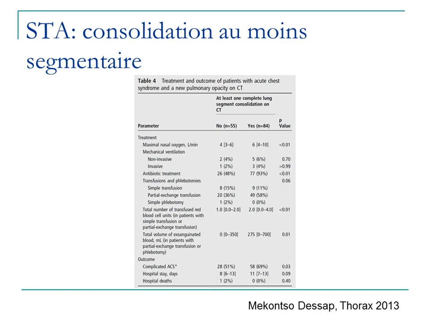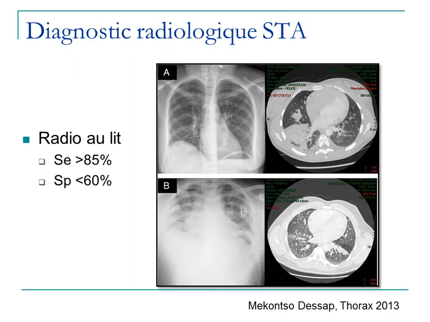If you want consolidation to be at least segmentary, it means that you're going to need more transfusions as opposed to patients without the segmentary consolidation. An X-ray in bed can give you a differential diagnosis.